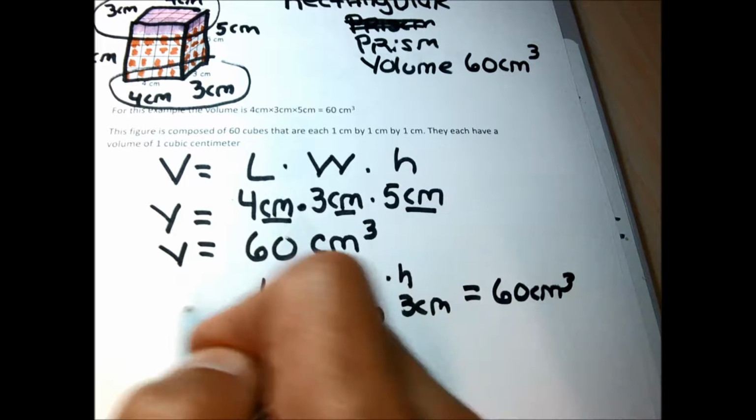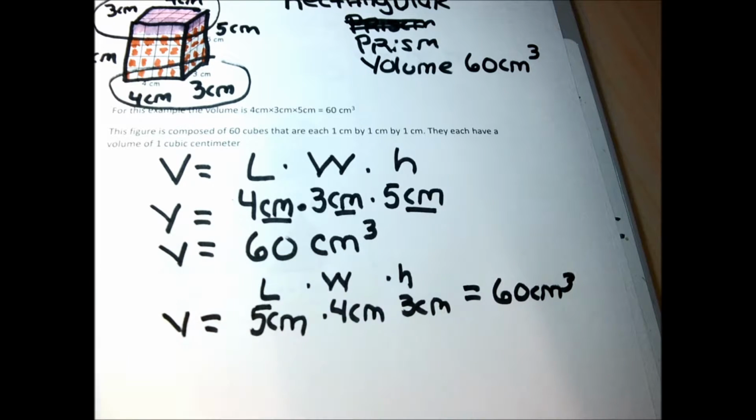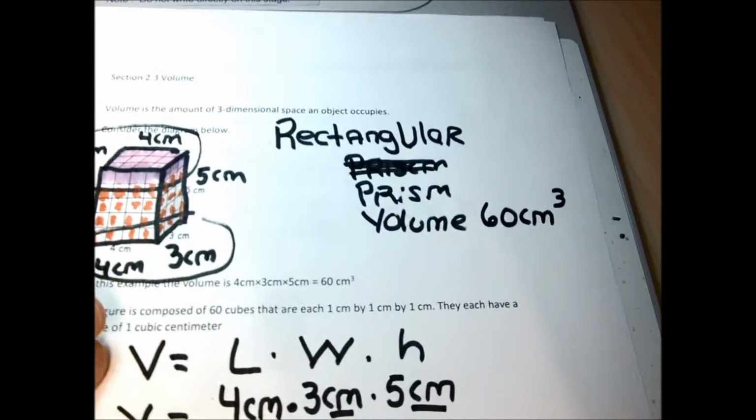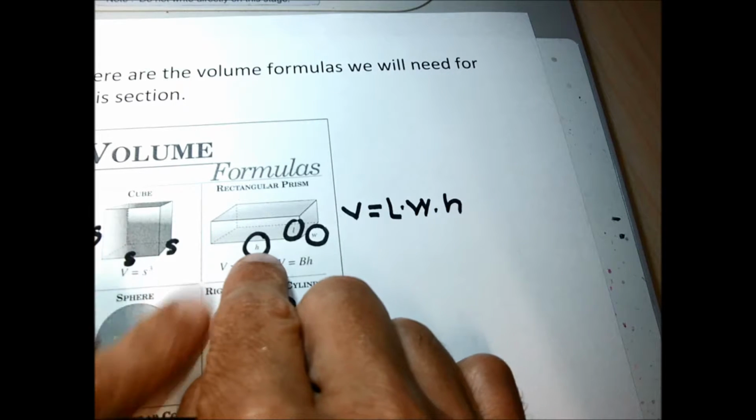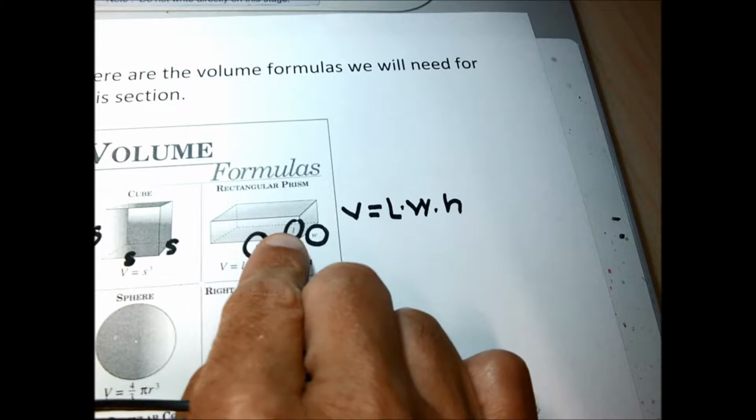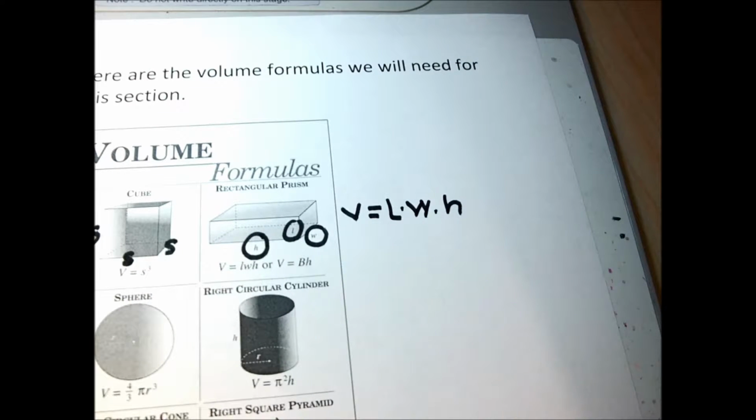So when we're dealing with a rectangular prism, to find the volume, we're really just multiplying the three individual lengths, and it doesn't really matter which I call length, which I call width, and which I call height, which this picture shows me. I probably would have called this a length, that a width, and that a height, but they're interchangeable.